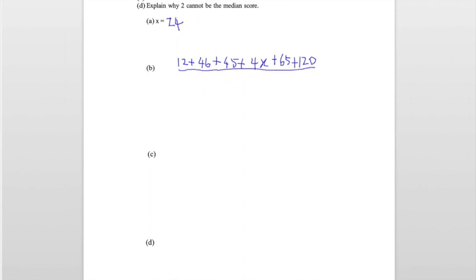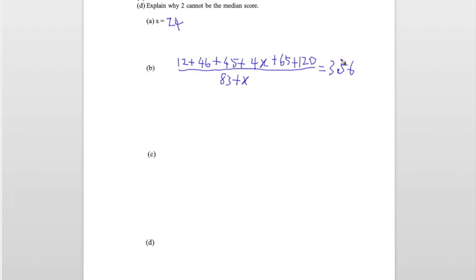The total frequency is adding all these numbers in the frequency, which gives us 83 plus x. So total score over total frequency will give us 3.56, which is the mean.